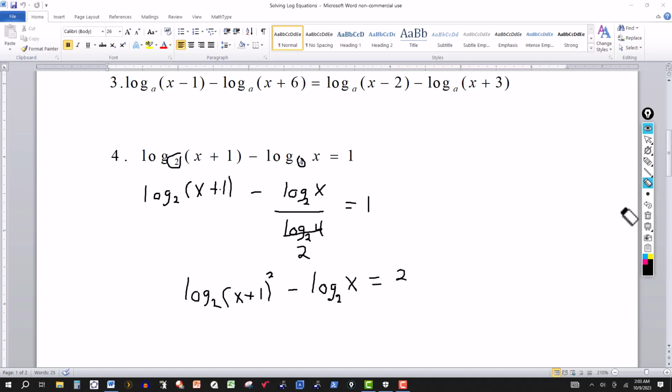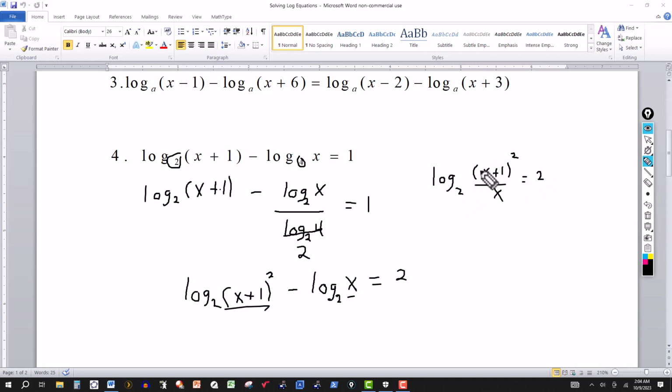We have that. Now here's where I use the property. I have a difference of 2 logs. So I'm going to have the log base 2 of this expression here over the expression there, x. So this will be x plus 1 to the second over x, and this is equal to 2.